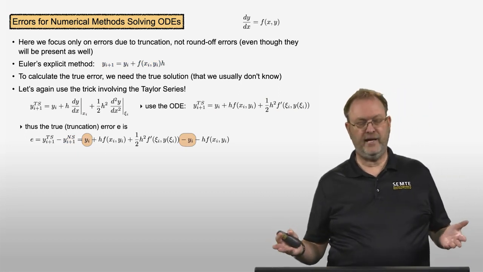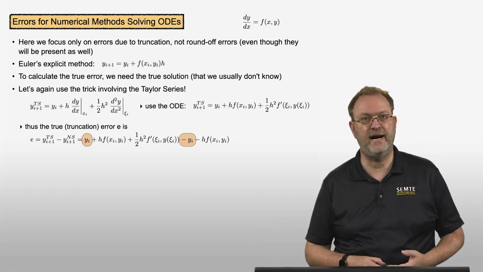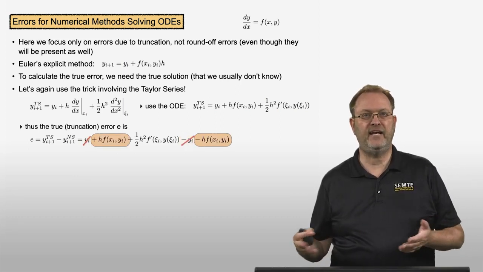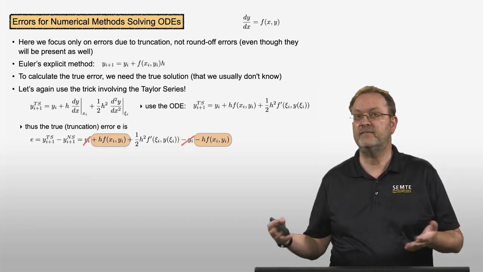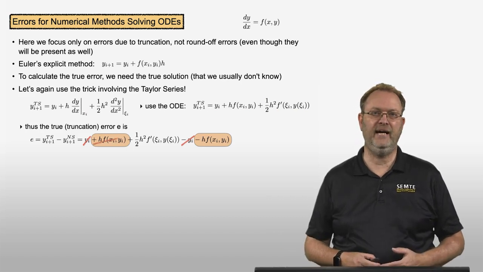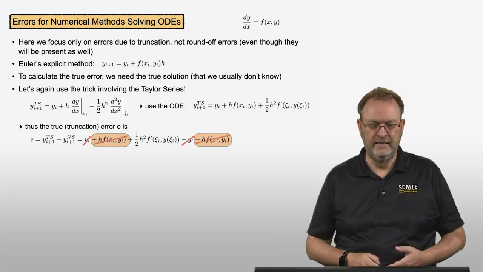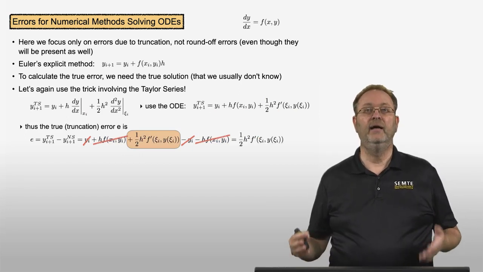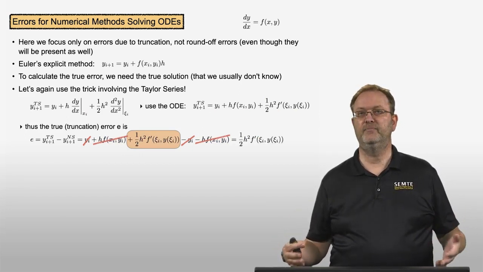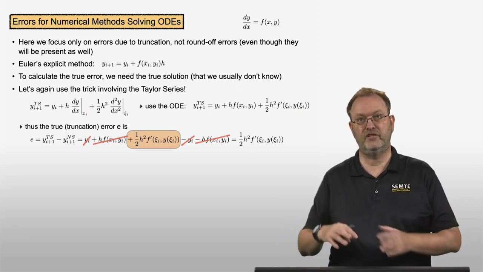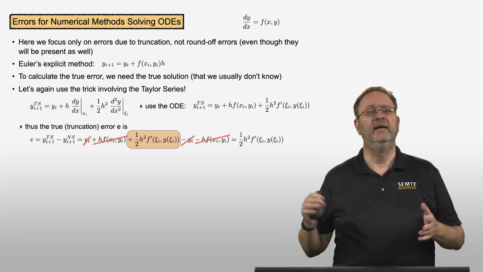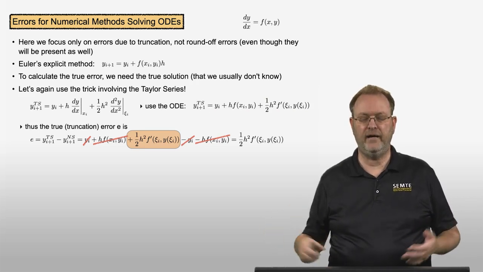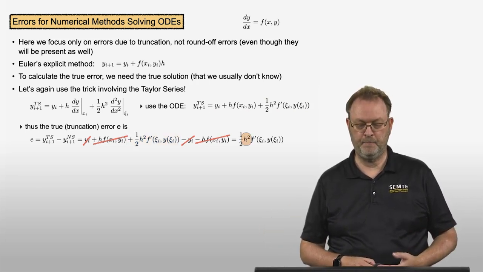Okay, so let's see what we have. We have y_i minus y_i, that drops out. I have h times f at x_i, y_i minus h times f at x_i, y_i, that drops out as well. And so therefore my error is simply 1/2 h squared times f prime, the first derivative of the right-hand side of the ODE, evaluated at an unknown location xi_i and y at xi_i.